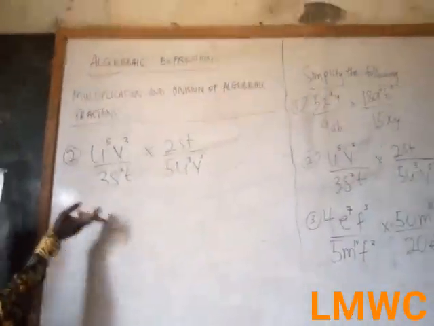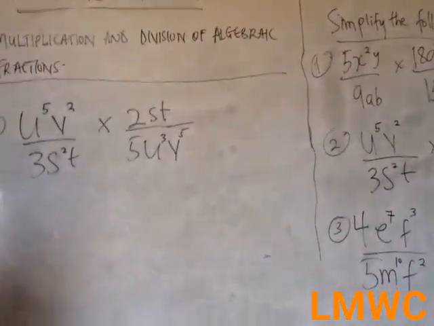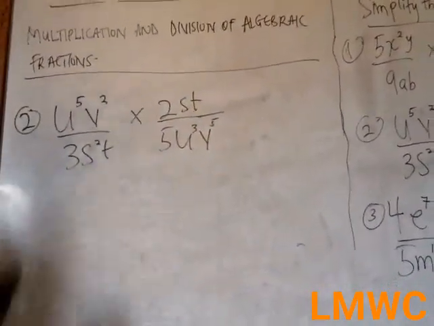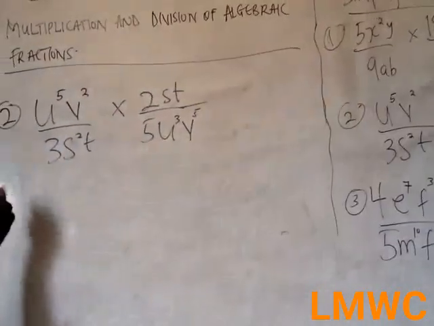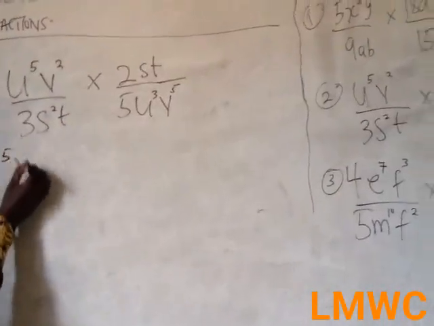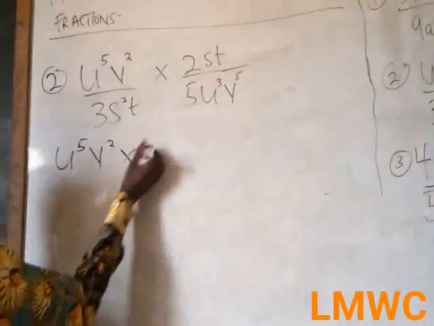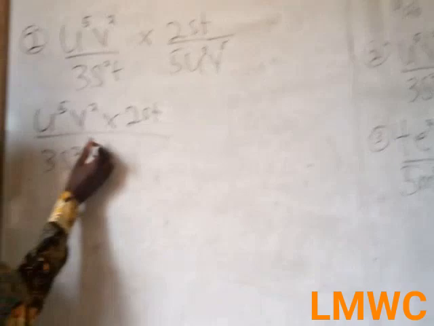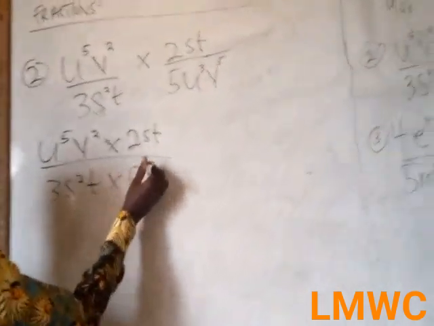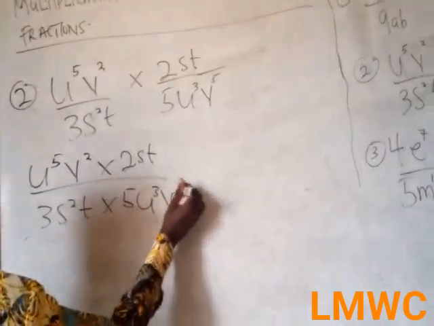Question 2. I'm just going to use the expansion method. To use the expansion method, you multiply the numerators and denominators. After that, you expand. So u^5 v^2 times 2st over 3s squared t times 5u cubed v^4.